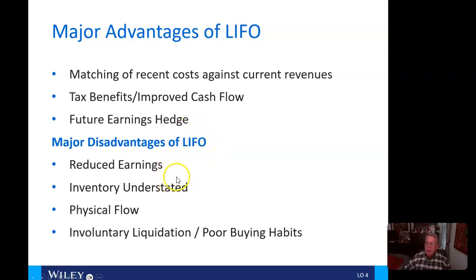The major disadvantages: it certainly reduces your earnings. That's fine. The inventory is understated. The physical flow is not how most companies' physical flow would work. And in the event of involuntary liquidation, poor buying habits, that's going to distort LIFO even more.